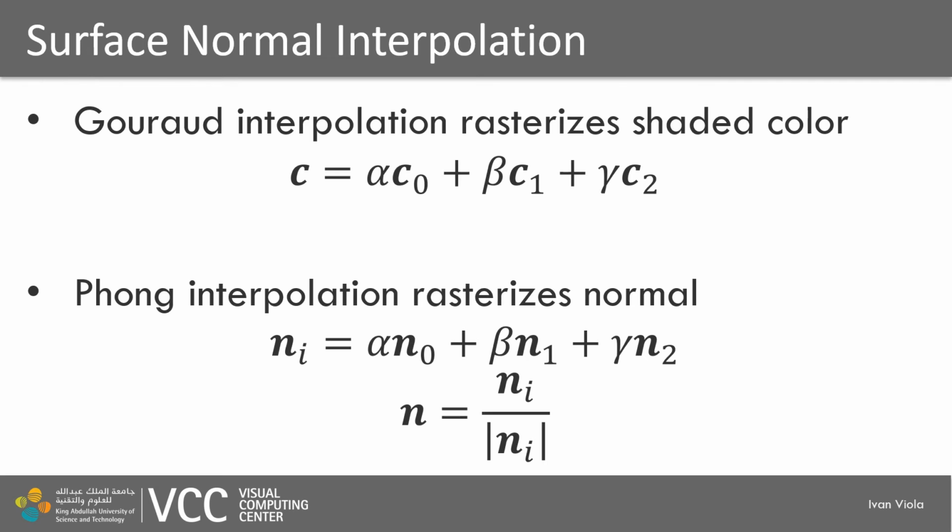Therefore, it would be important to perform a different type of illumination, which is called the Phong illumination, where we are rasterizing not the colors, which are calculated per vertex. The color is calculated later per each surface point, but we are rasterizing and interpolating the normals.